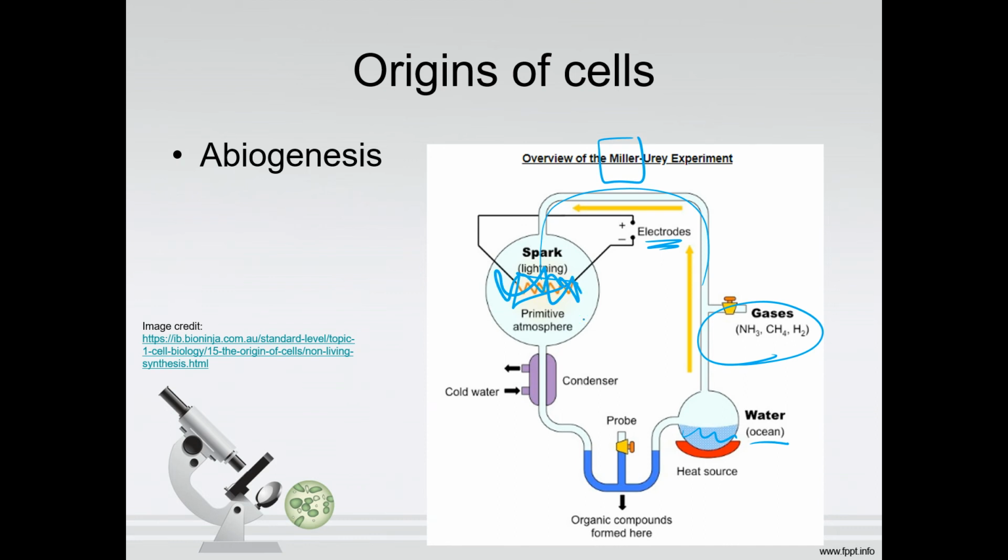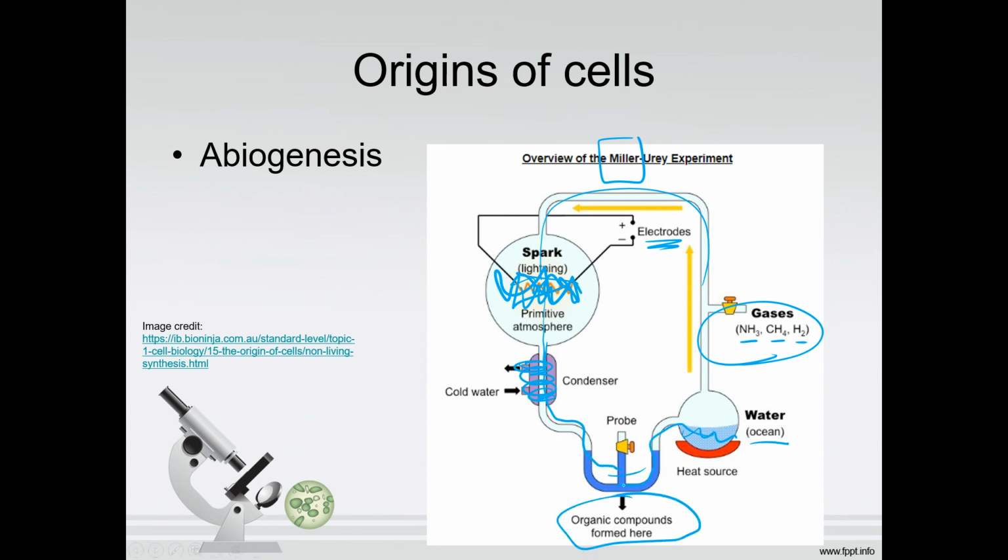He zapped the primitive atmosphere, that ammonia, that methane, that hydrogen gas, with lightning. And so stuff happened because of all that energy being added, and he cooled off the gases. They turned into a liquid, and they dripped down in, and they dripped with the water.